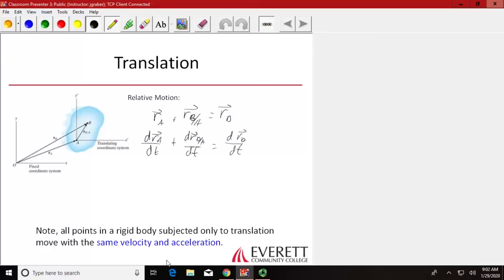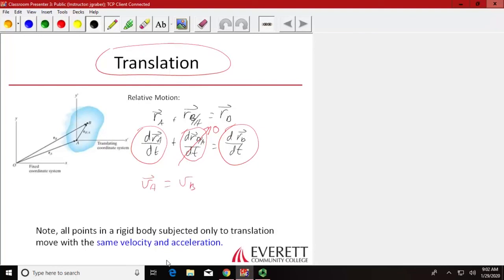Both of the points are moving. And since both of the points are moving, both of these are not zero, because the absolute position is changing. But the relative position of one with respect to the other is not changing in translation. So that would be zero. And we end up with velocity of A equals velocity of B. In translation, the velocity of any point on an object equals the velocity of every other point on the object. In translation only. Does that make sense? That's why we could use a particle assumption.